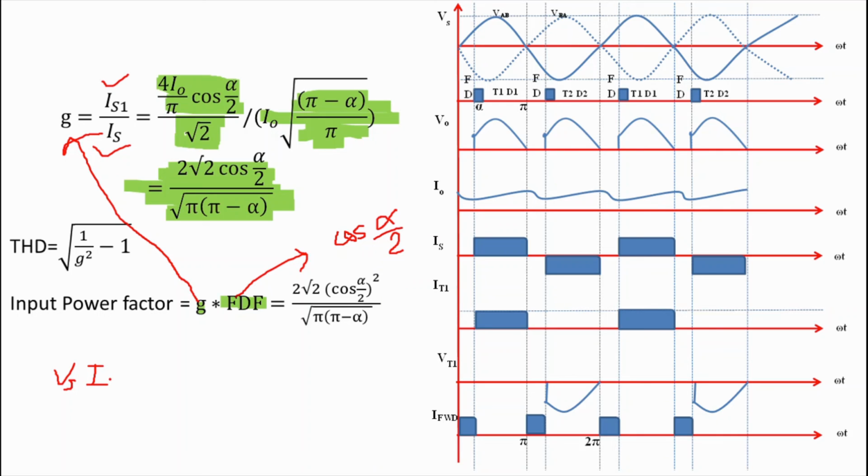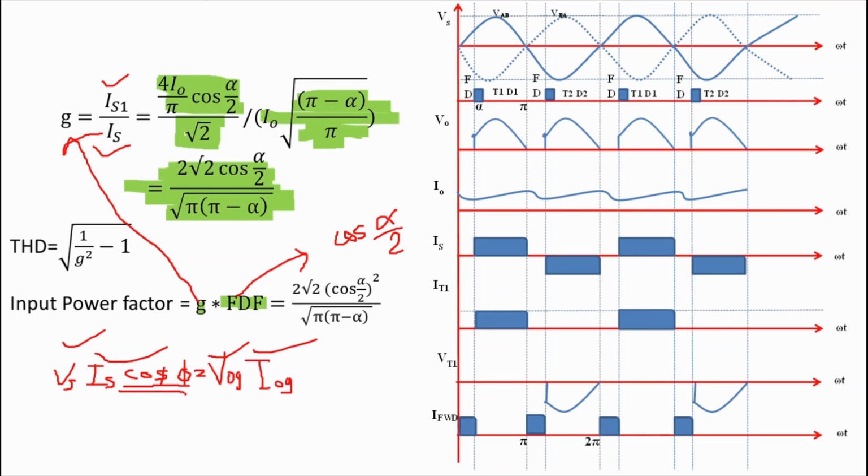And what is Vs RMS? That is equal to Vm by root 2. And what is Is RMS? That is equal to I naught under root of pi minus alpha upon pi. And what is V naught average? V naught average is equal to Vm upon pi into 1 plus cos alpha, and I naught average is equal to I naught. So simply put all these terms in the equation Vs Is cos phi is equal to V naught average into I naught average. On putting all these terms, you will get the power factor.